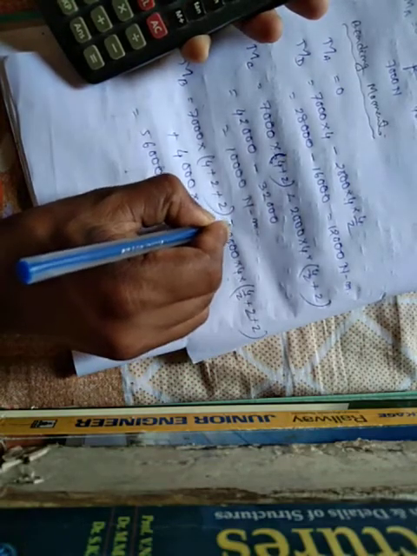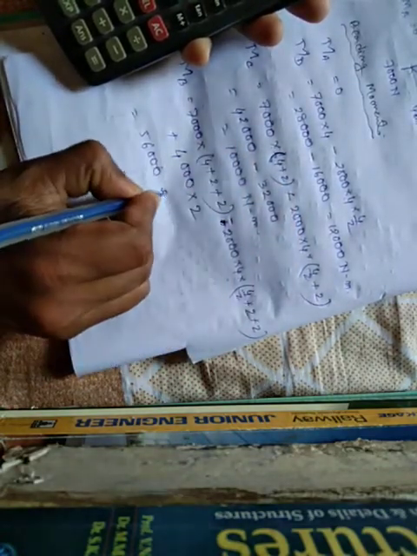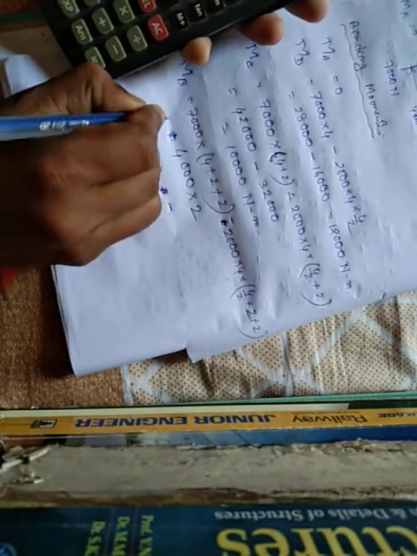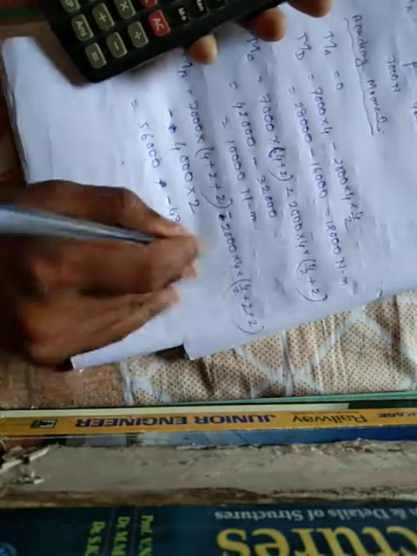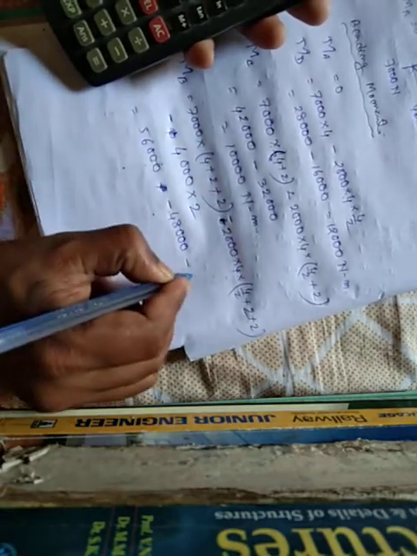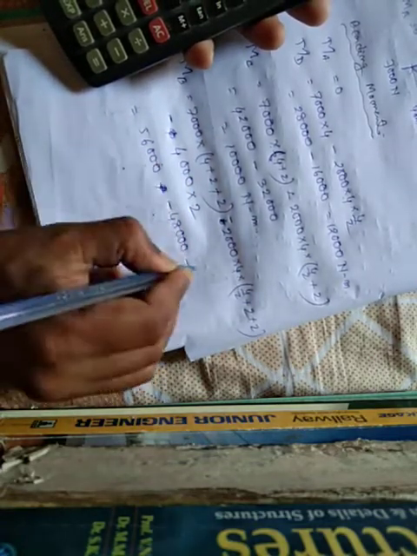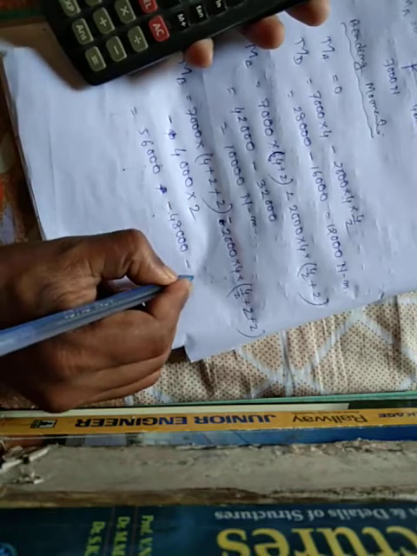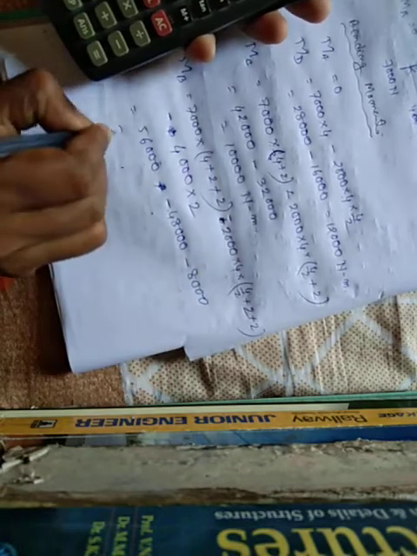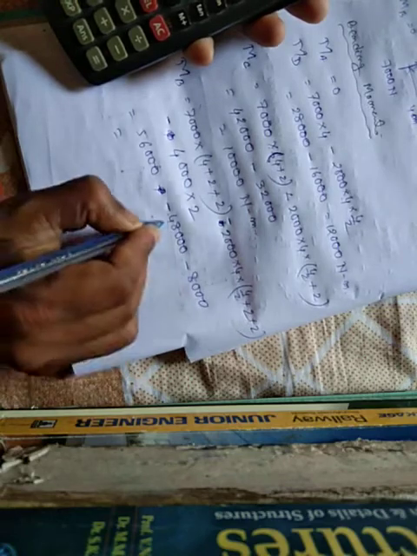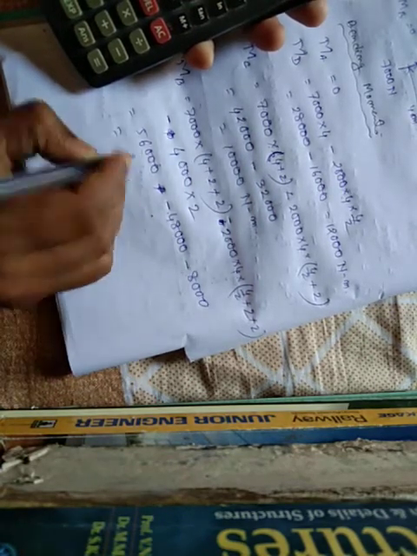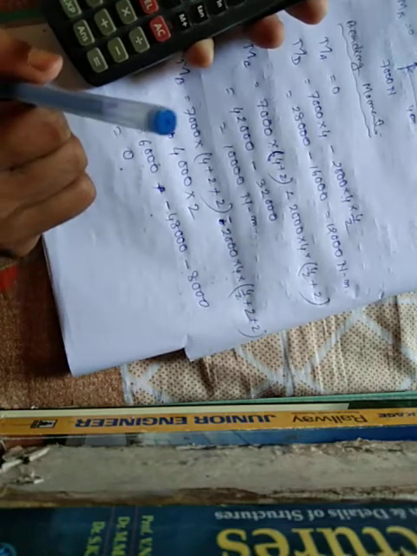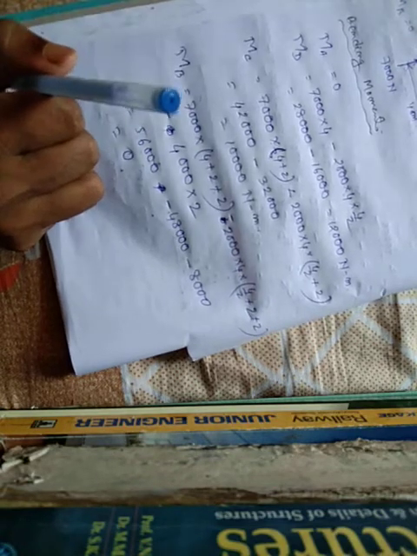I'm really sorry. This is minus 48,000, minus 8,000, 4,000 into 2 is 8,000, which is 48 plus 8, 56,000. And this 56,000 means 0. Bending moment at point B is 0.